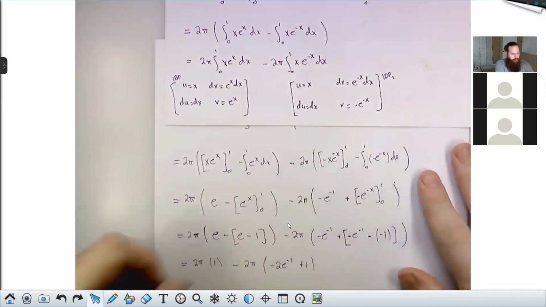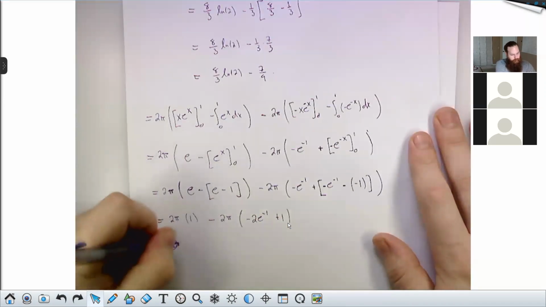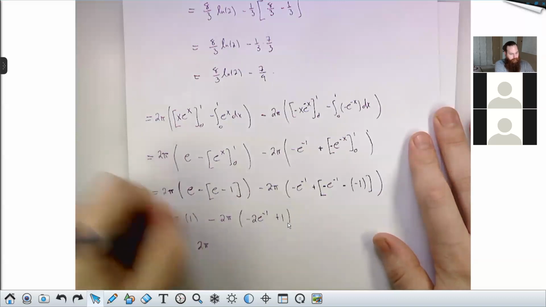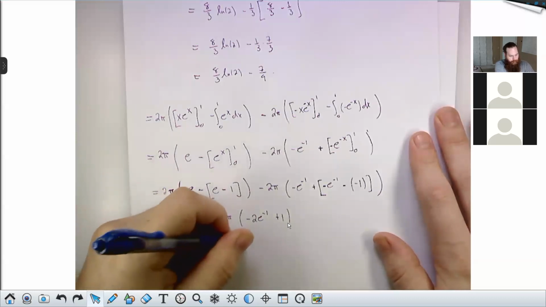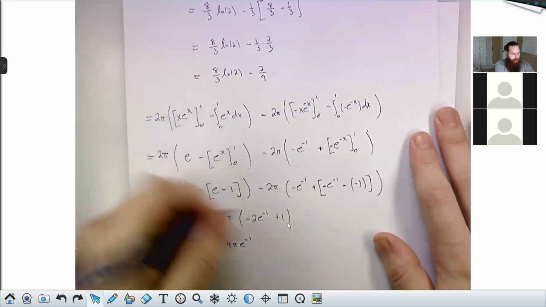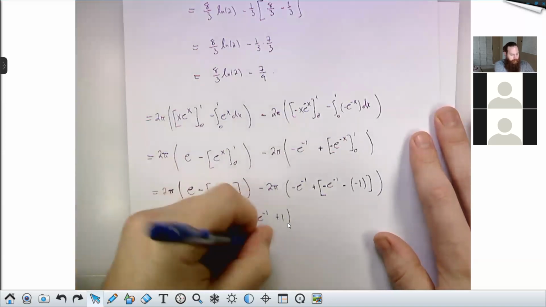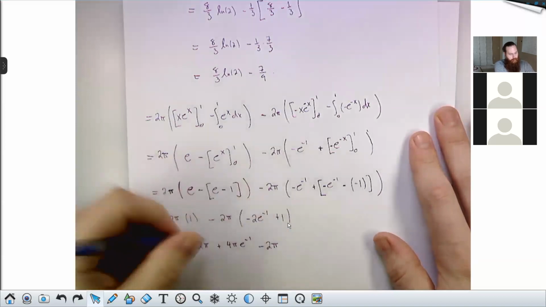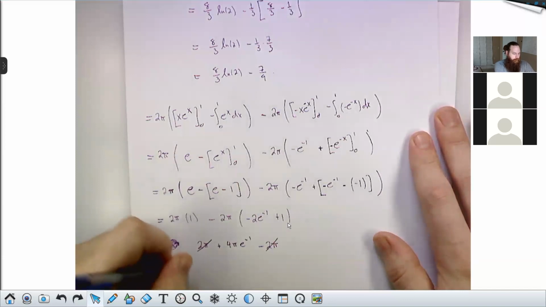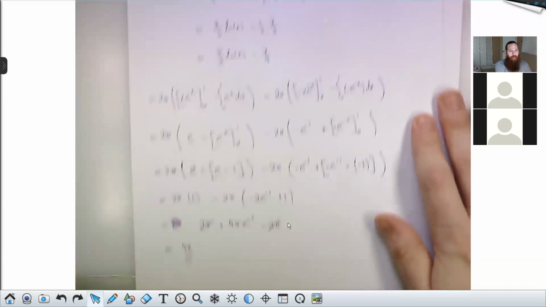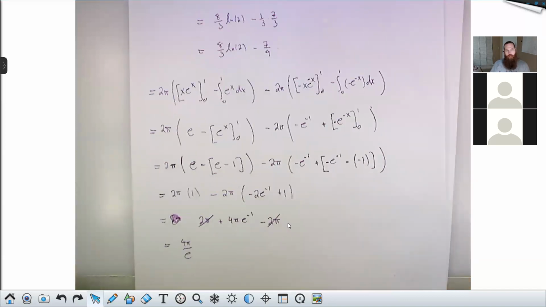So altogether, I've got 2 pi, that's this guy, plus 4 pi e to the negative 1, distributing the negative there, and then minus 2 pi. So these eat each other up, and you get 4 pi over e. Because e to the negative 1 is 1 over e.